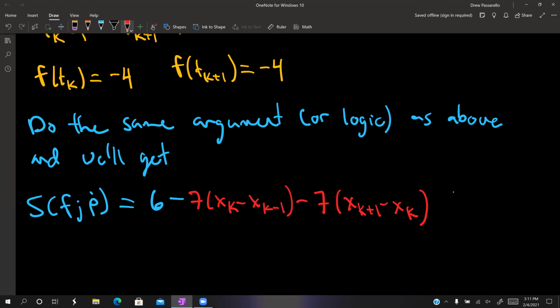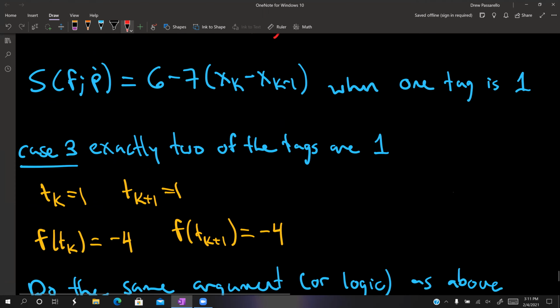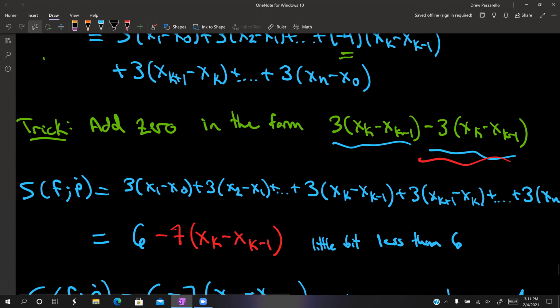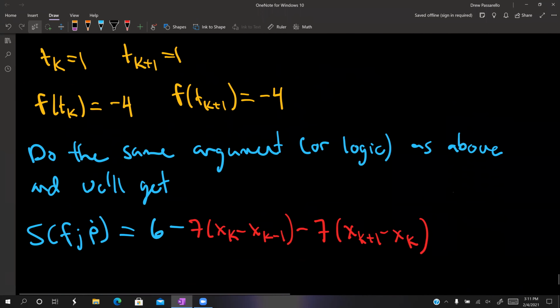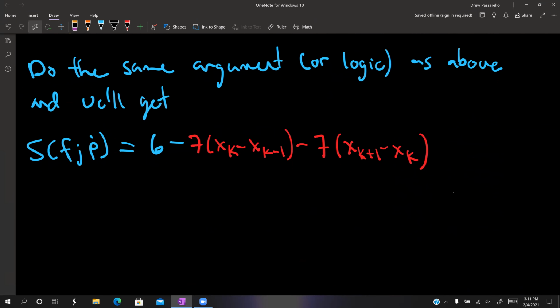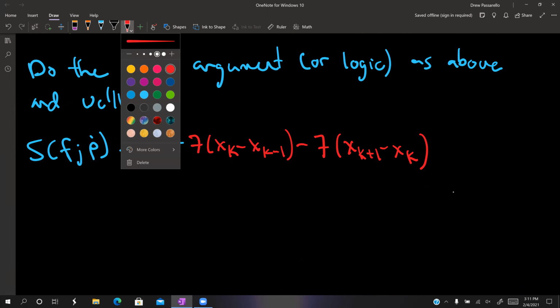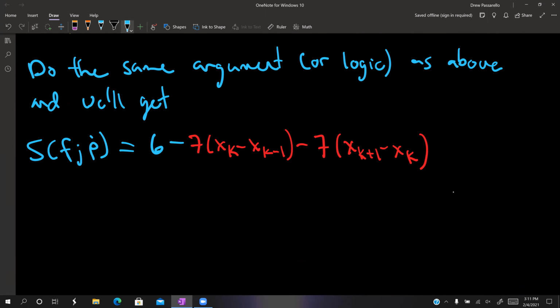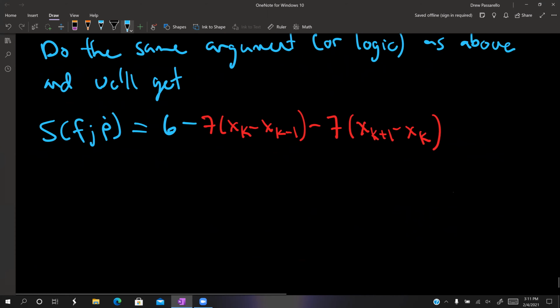You just add 0 again in a different form and manipulate it, so you get the sum to be 6 minus these 2 terms. We know this is less than the previous case, but that is what it looks like for these two.